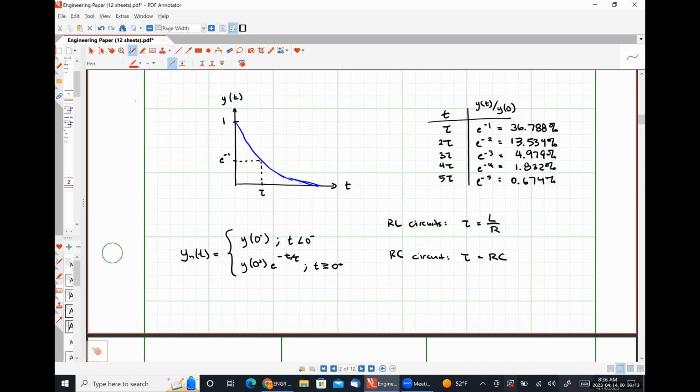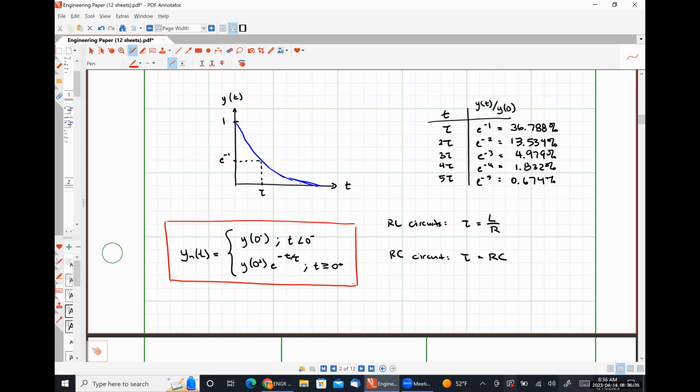So this single equation is all that you will need to figure out how any current or voltage in a first order transient circuit behaves.